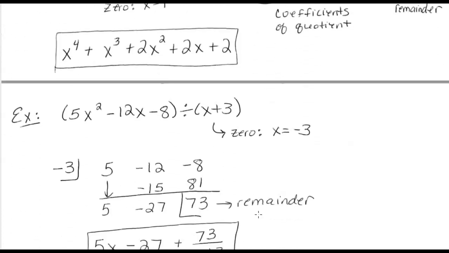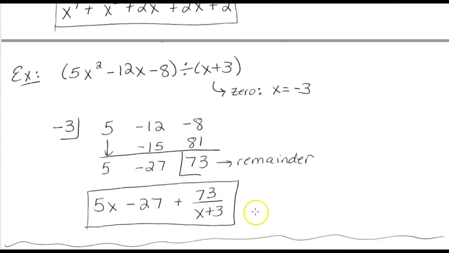All right, let's try another one by synthetic division. 5x squared minus 12x minus 8 divided by x plus 3. So we're dividing by x plus a number, which means I can use synthetic. My 0 of that is -3. So we put -3 out here. 5, -12, and -8 are the coefficients in order.